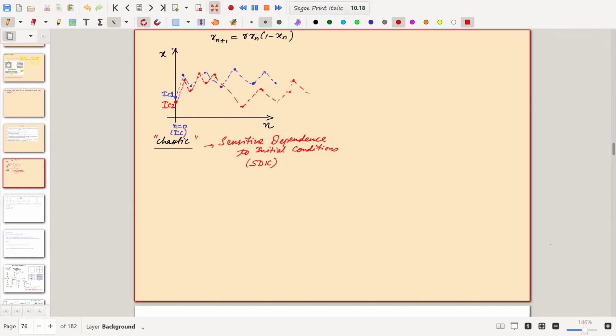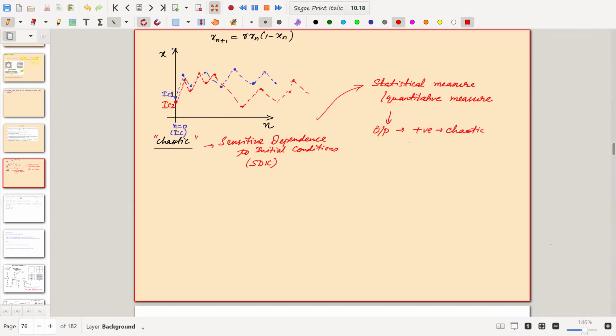Normally you cannot look at the time series of any system and decide whether it is chaotic or not. For that you need a statistical, or quantitative, measure which can tell you that if the output is a positive value, then it is chaotic.